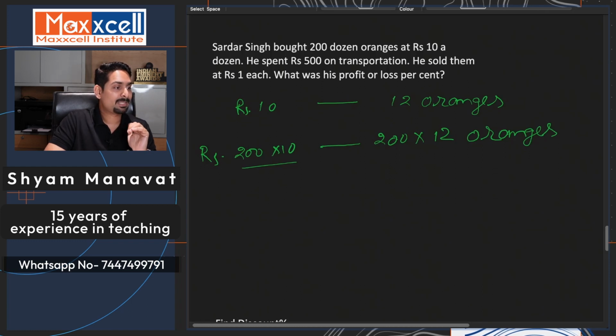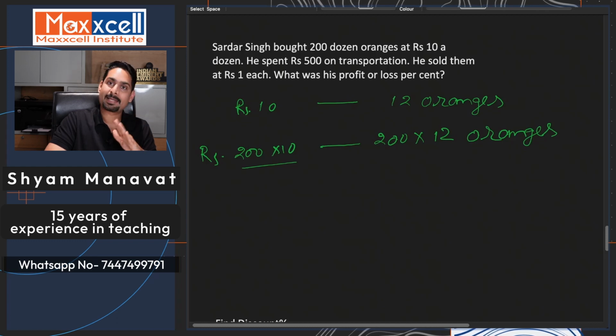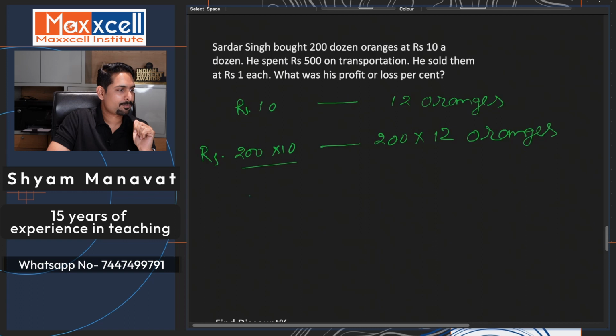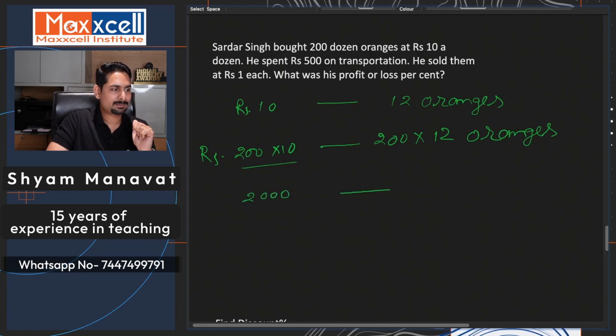If you are multiplying 200 by 12 here, then you need to apply 12 on the left hand side also. So this gives you 2000. Yes, this is 2000 for how many oranges? 12 into 200. 12 twos are 24 with 2 zeros, right? So 2400 oranges.